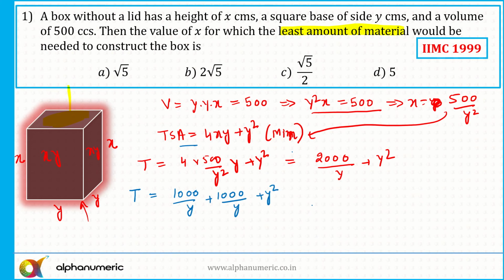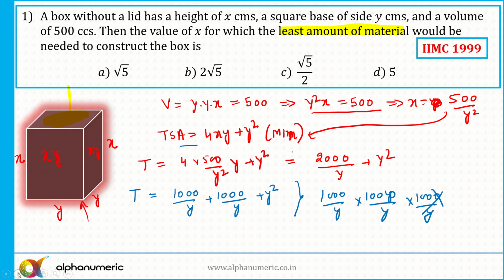Now, what is the product of these three terms? The product is 1000 by y into 1000 by y, and the third term is y square.